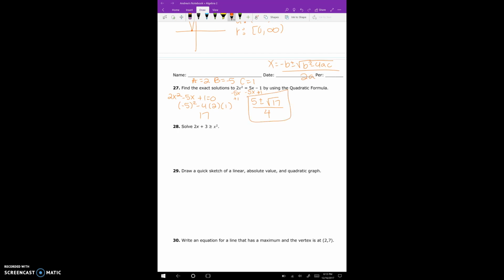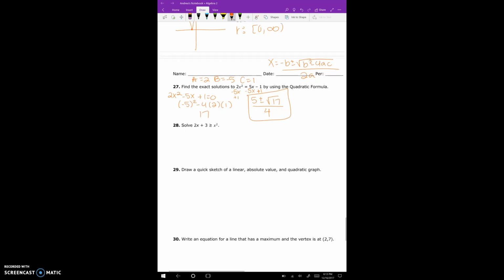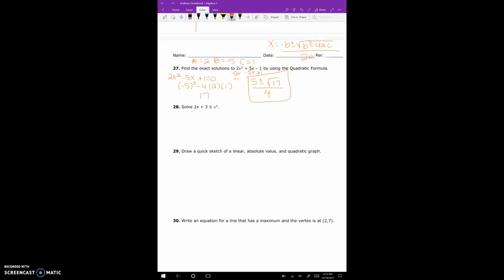We're going to solve this inequality here. With inequalities, just make sure that one side has a 0 on it. So I'm going to go ahead and move the 2x and the 3. So I'll have 0 is greater than or equal to x squared minus 2x minus 3. I'm going to factor it.